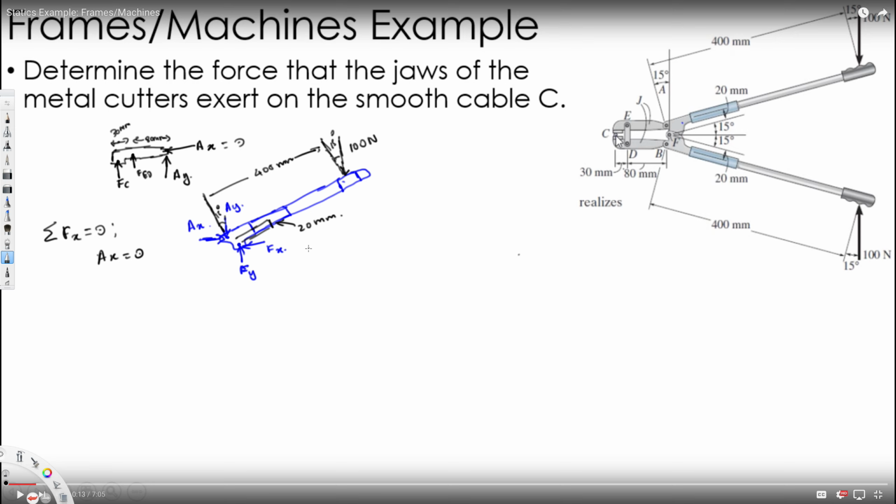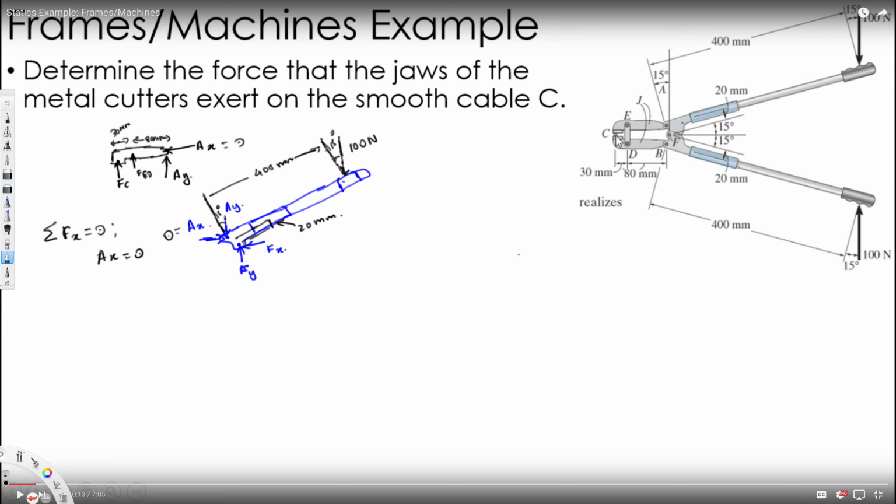So first of all, let's see how we can find AY. That's our purpose, right? And we know AX is equal to 0, so we don't have to worry about this. Then Fx and Fy are unknown. AY is what we need, and we have the others unknown.